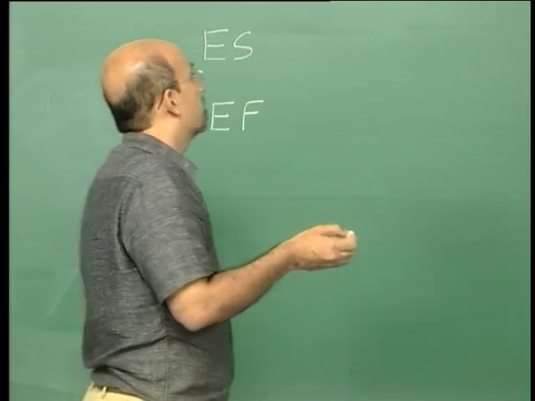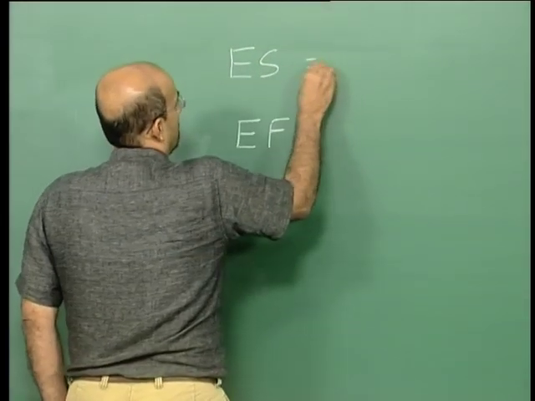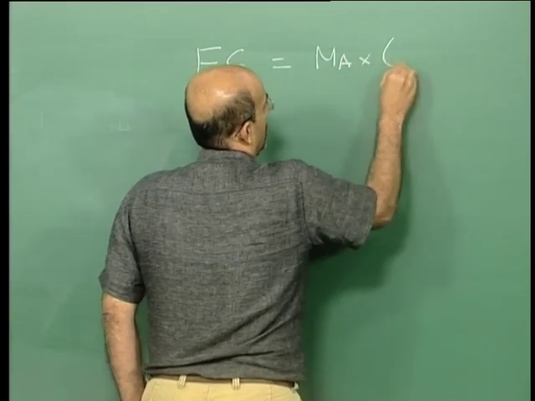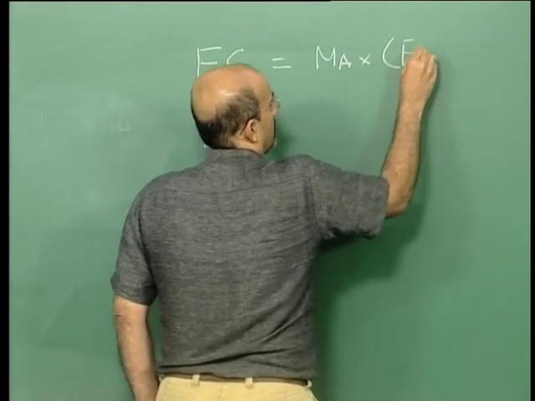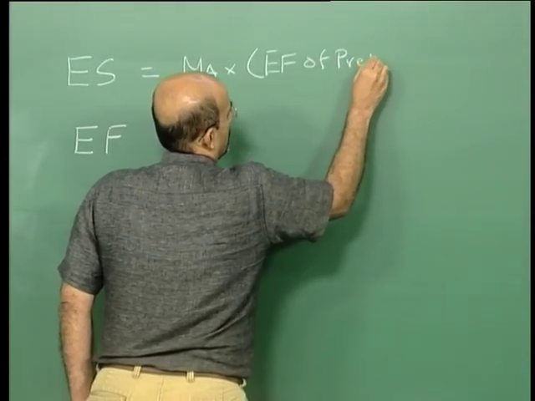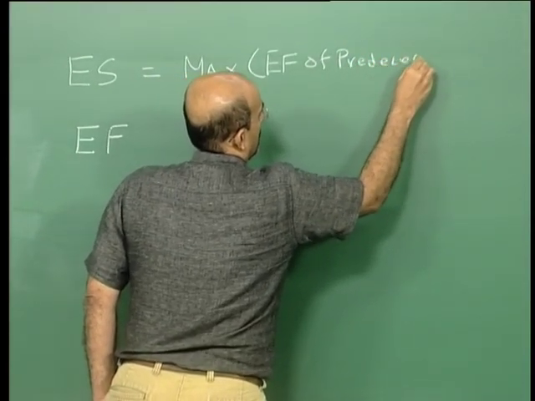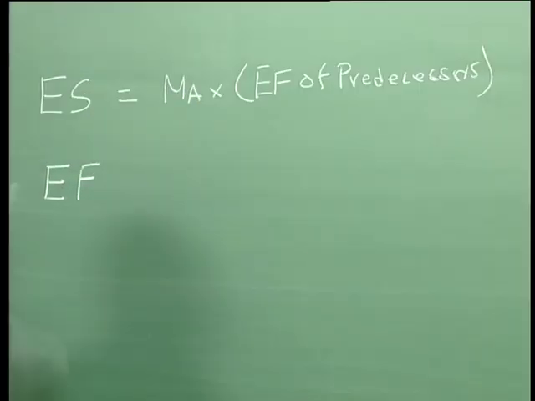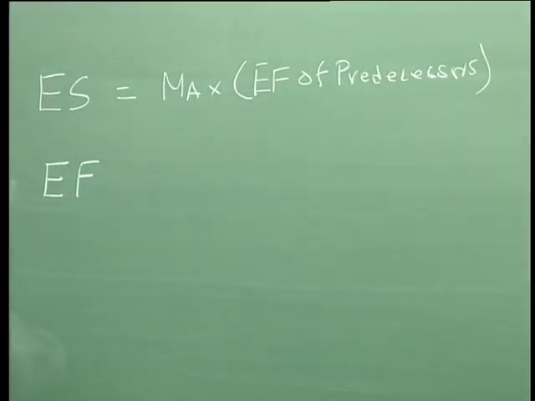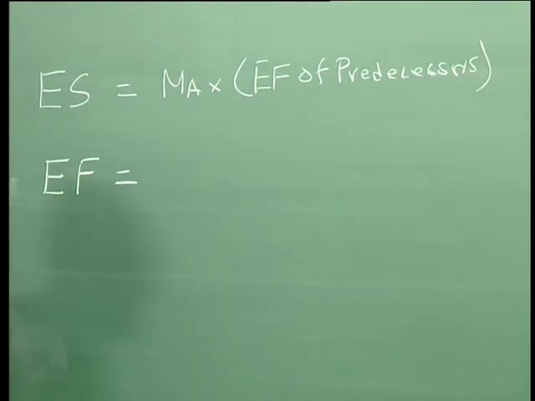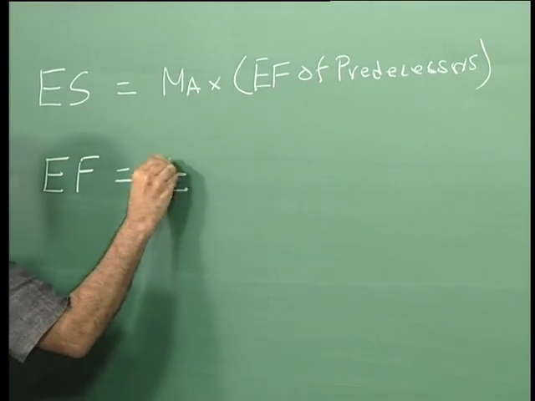Early finish of all the predecessors. Right. So basically it is max of early finish. It's not a formula but it's a notation. What about early finish? Early start plus duration.